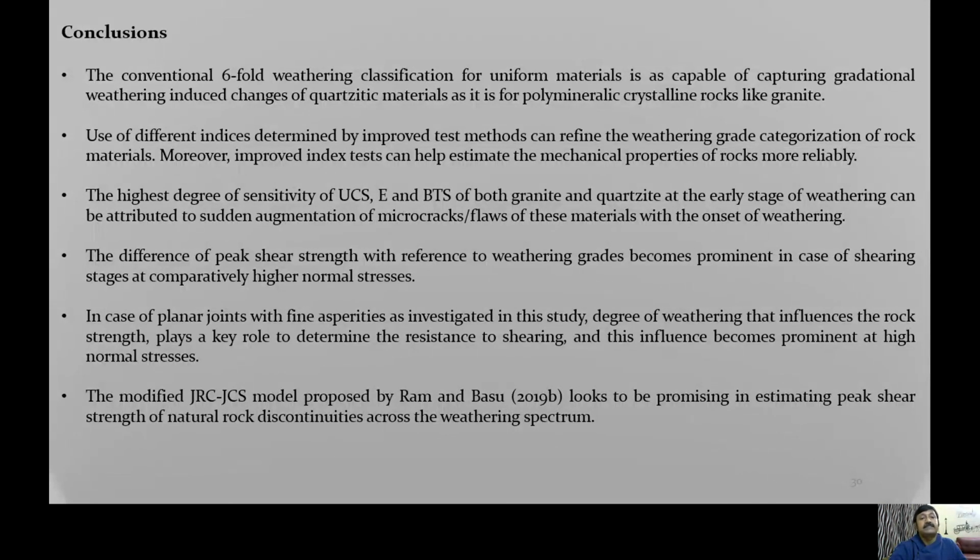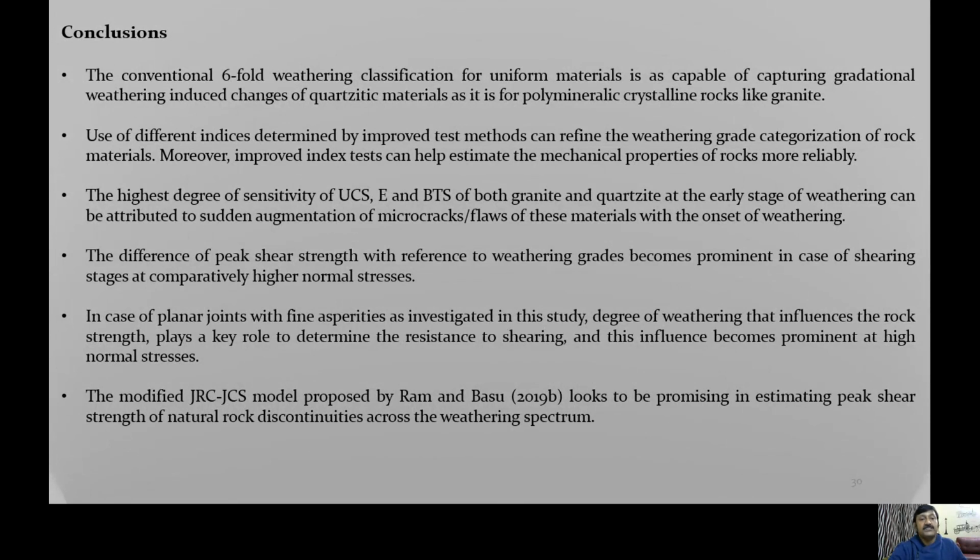Moreover, improved index tests can help estimate the mechanical properties of rocks more reliably. The highest degree of sensitivity of UCS, Young's modulus, and Brazilian tensile strength of both granite and quartzite at the early stage of weathering can be attributed to sudden augmentation of microcracks and flaws of these materials with the onset of weathering.